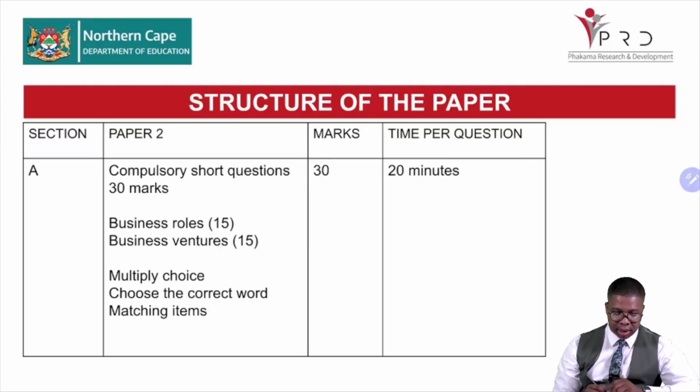As we proceed, let's start with the first part, which is the structure of the paper. Our paper is structured into 3 sections: A, B, and C. Section A is allocated 30 marks, and the time you should spend there is 20 minutes.